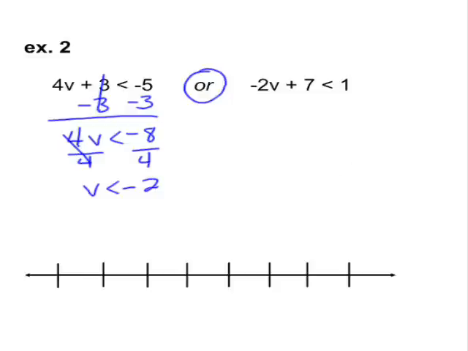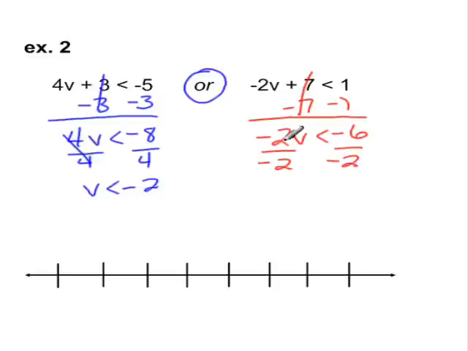So here's one solution. For the one on the right, we're subtracting 7. And I'll get negative 2v is less than negative 6. When I divide by this negative 2, that means my sign is going to change from less than into greater than, and negative 6 divided by negative 2 would be positive 3. So let's set up our number line here.